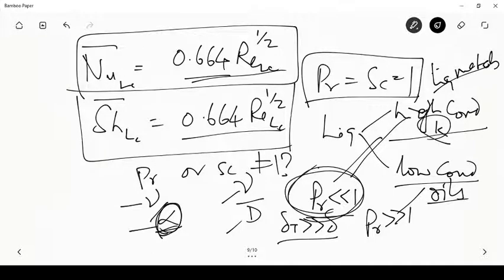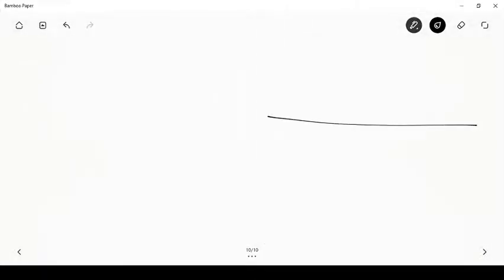Similarly, when Prandtl number is much greater than 1, momentum is able to penetrate much deeper, and therefore delta is much greater than delta T. Okay. So what happens under these conditions in the boundary layer is what we would be looking at now. Let us look at the low Prandtl number case first. So there is a plate, it's a flat plate.